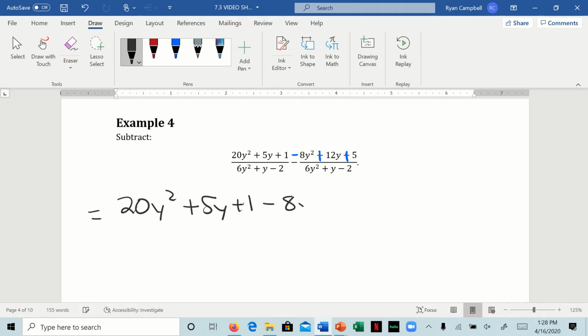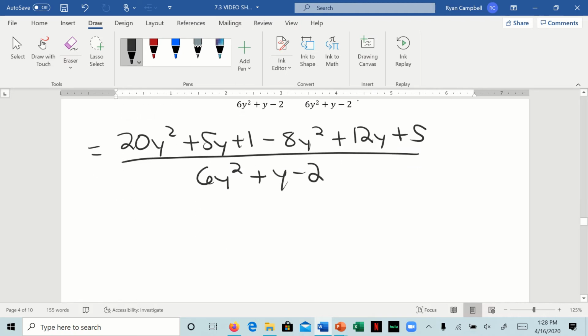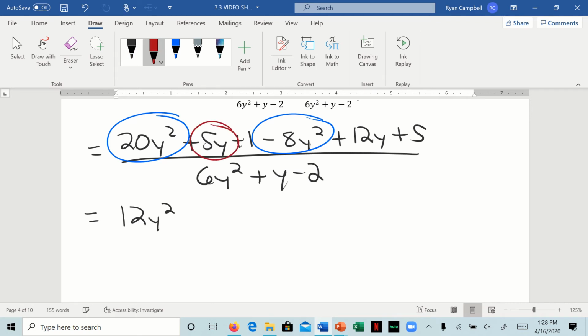So we've got minus 8y squared plus 12y plus 5. Combining the y squareds, we get positive 12y squared. Combining the y's, we get 17y. And combining the numbers, we get 6.